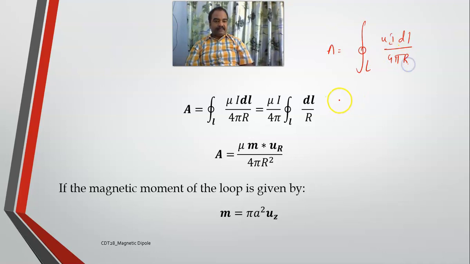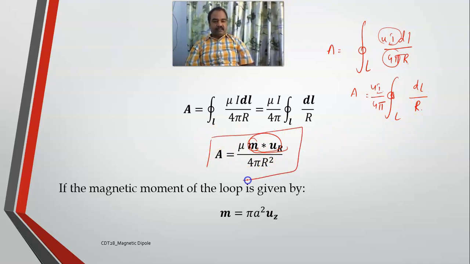In this case, this is a spherical system, so these are constants, and over the length it is dl by capital R. So this can be written as mu times the magnetic moment by 4 pi r square. This is my magnetic vector potential due to a current carrying loop.